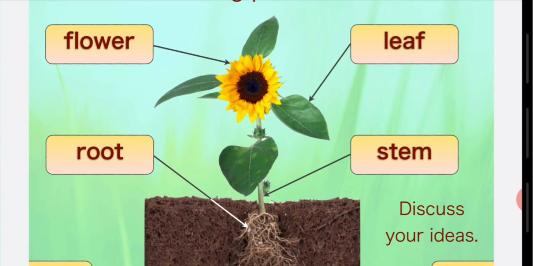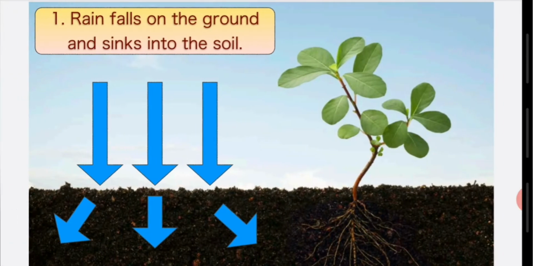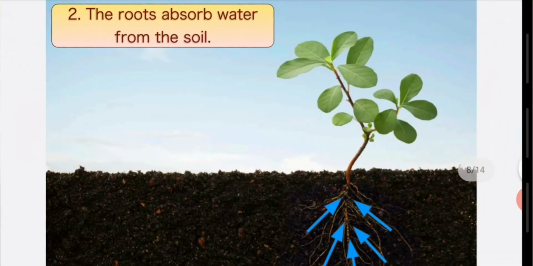And let's have a look at how the water is transported around the plant. So first the rain falls on the ground and it sinks into the soil. Next, the roots absorb water from the soil. So you can see there, it's coming from all different directions. It's going up towards the stem.